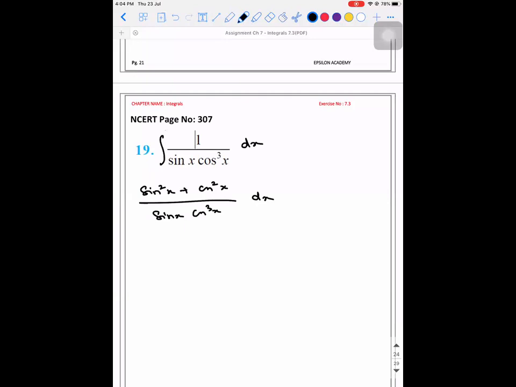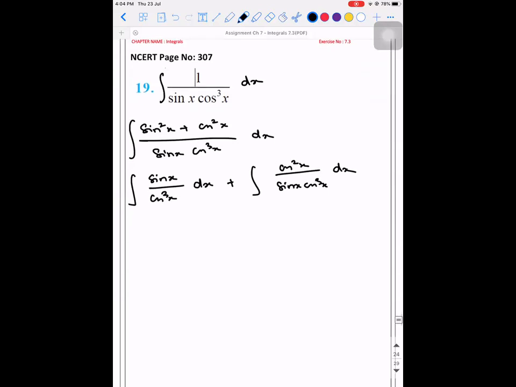Then integral of sin square x by sin x gives sin x divided by cos cube x dx, plus integral of cos square x divided by sin x into cos x. So this one will get cancelled.